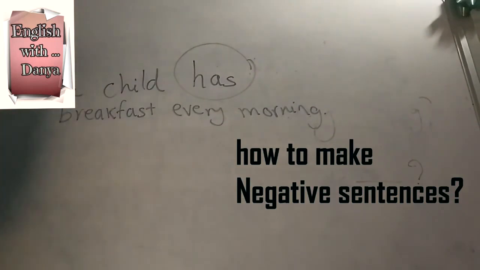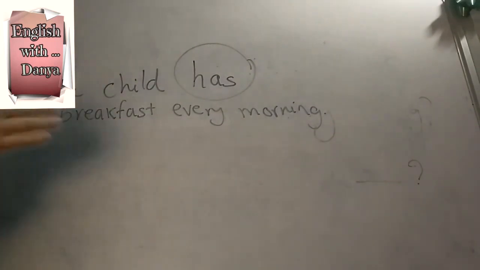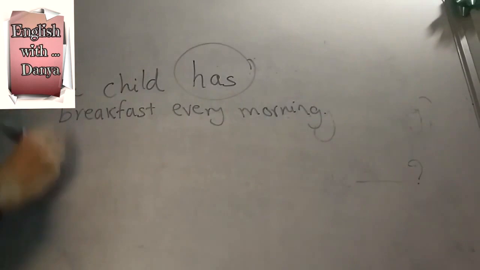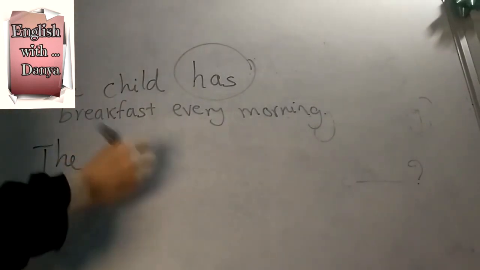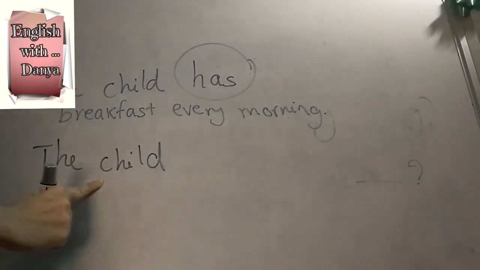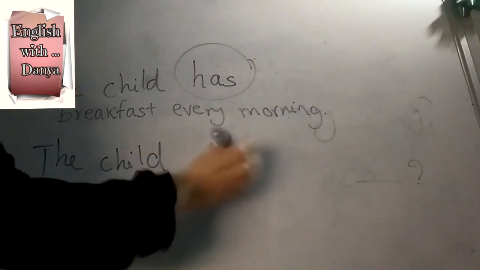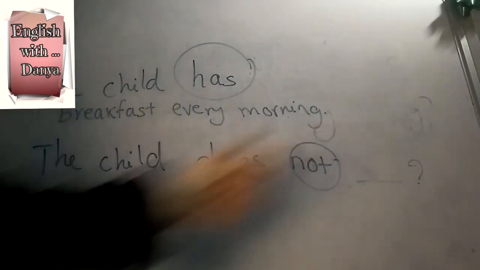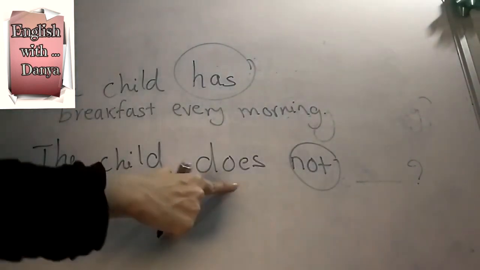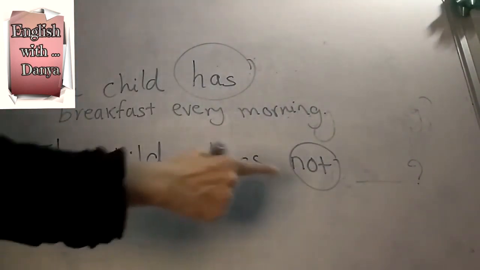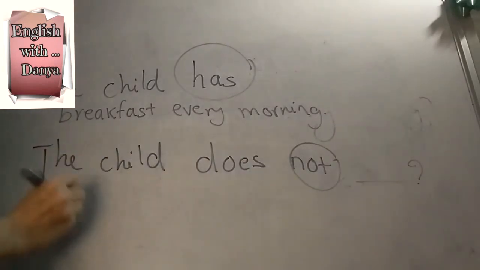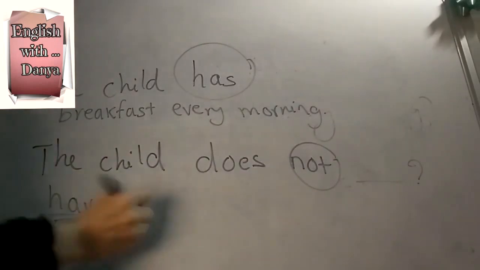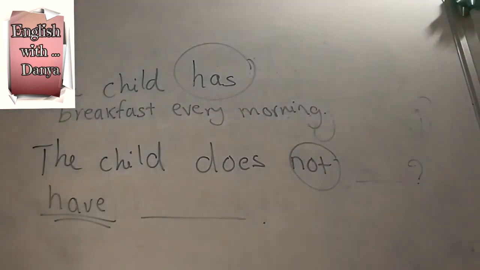If you want to say no, in this case we will say the child, this is singular, we need to say does not. So we use does not, and then have breakfast every morning.